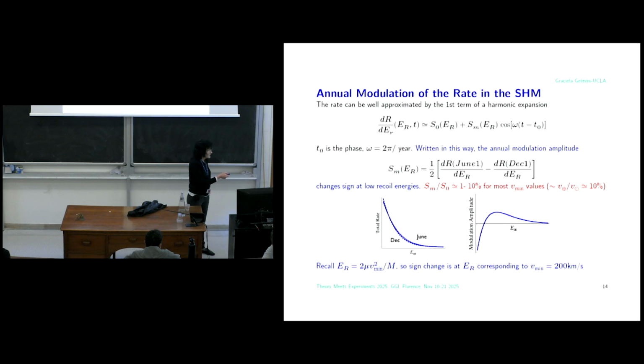And you can see that the modulation amplitude changes sign, precisely because of this difference that I mentioned before, what is dominant in which. So at small enough energies, where small energy means the recoil energy that corresponds to the v_min of 200 kilometers per second, at that point, it changes sign.